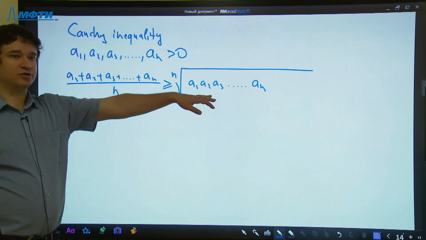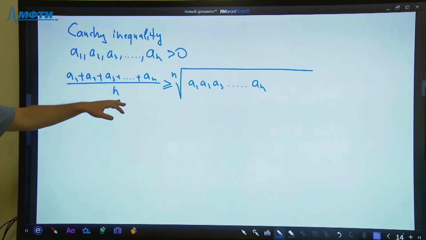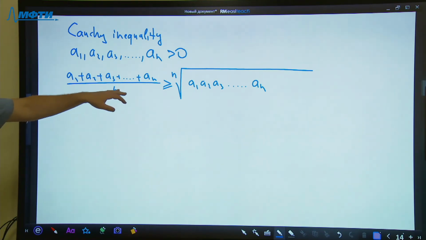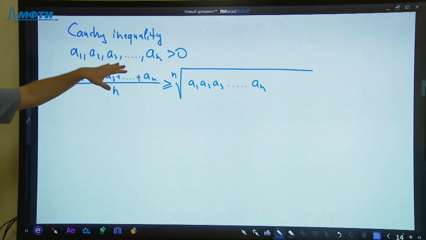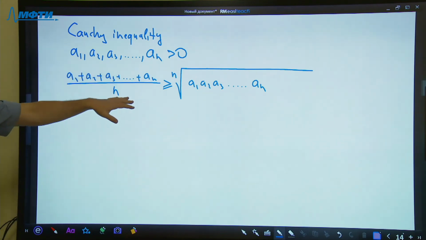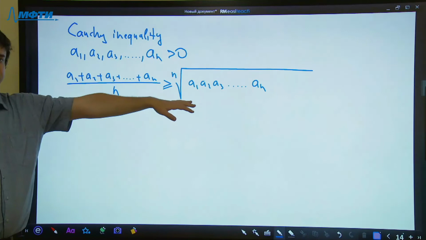So this is called the geometric average, this is called the arithmetic average. So the Cauchy inequality says that for any number of real, positive numbers, the arithmetic average is greater than or equal to the geometric average.